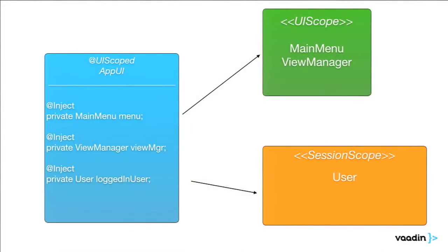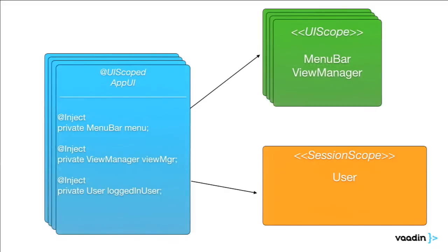Just to explain the difference between the UI scope and session scope, we can, for example, consider this diagram where we inject our main menu, some view manager, and the currently logged in user. If we have multiple UIs, we will also have multiple UI scope instances, one per UI. So you can sort of think of the scope as a map that maps certain other objects per one UI.